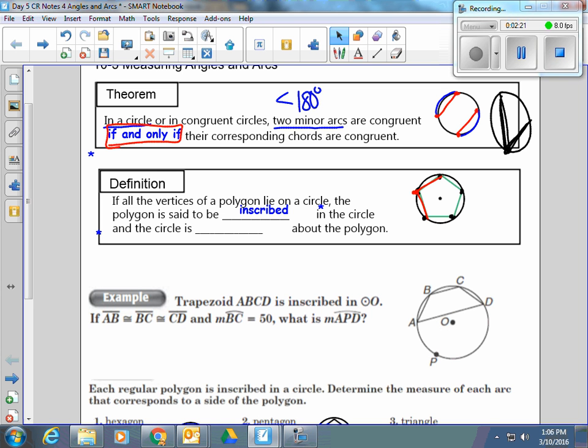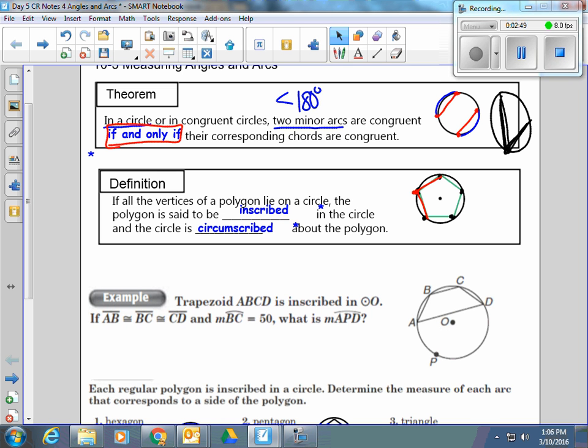Is the circle on the inside of the polygon? Where's the circle? Outside. The circle is circumscribed about the polygon. So the polygon is on the inside, or inscribed inside the circle, and the circle is on the outside, circumscribed around that polygon.